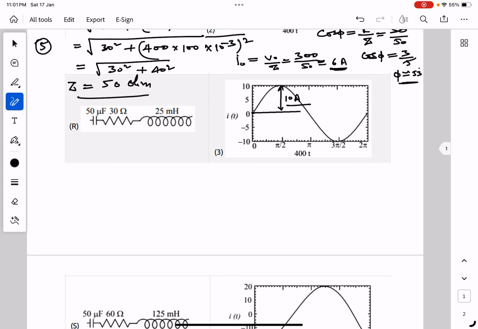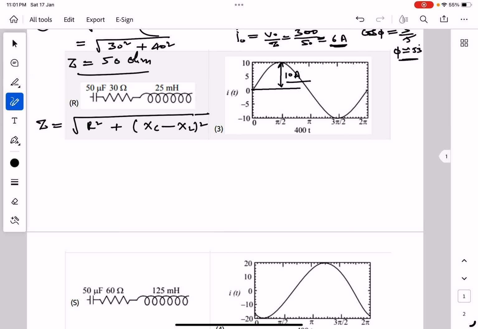In this case, the circuit contains one resistor, one capacitor and one inductor as well. Let us find out impedance of the circuit. This is equal to root of R square plus XC minus XL whole square. Let us put the values.